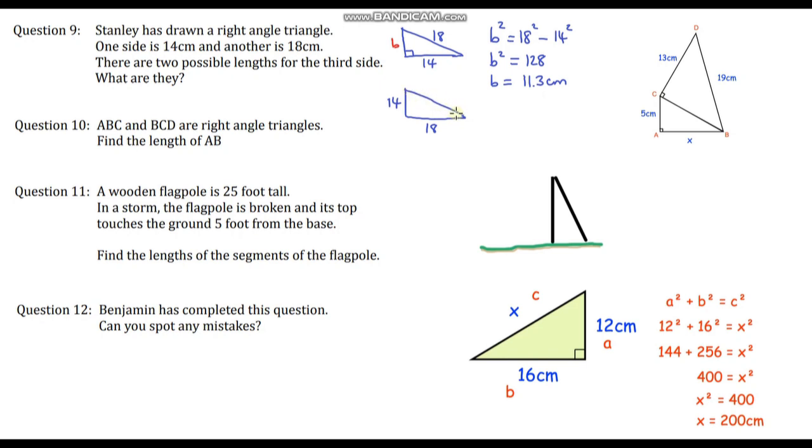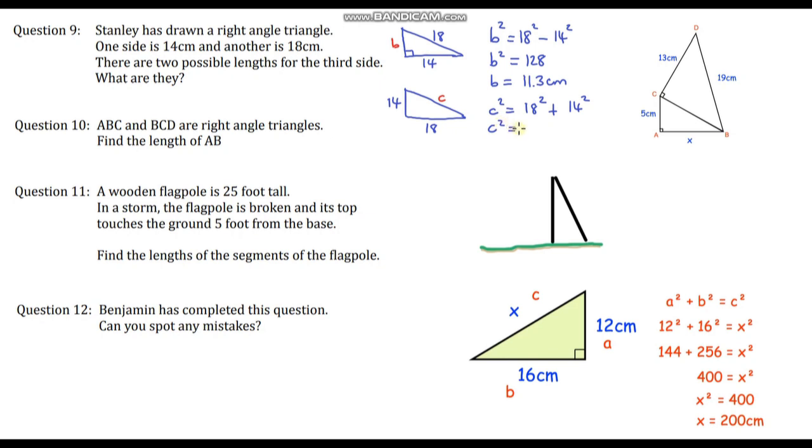So the hypotenuse, we know the hypotenuse is the longest side length, so this should be bigger than 18. So for this one, let's use C. So we know that C squared can be slightly different to up here because we're finding the hypotenuse. It's going to be 18 squared, this time we're going to add on 14 squared. So let's put this into the calculator.